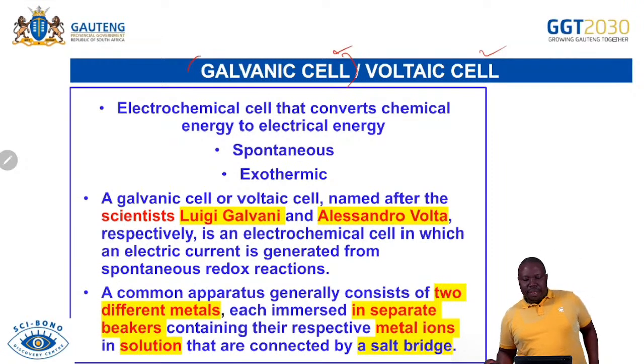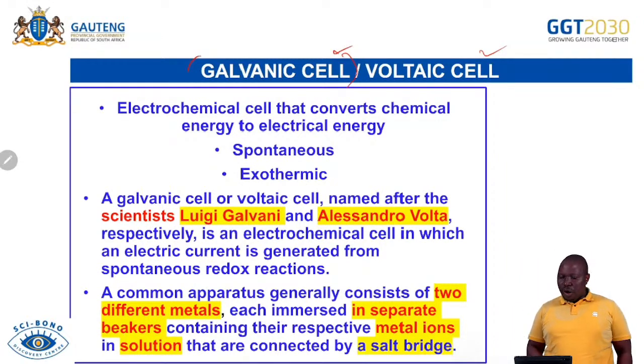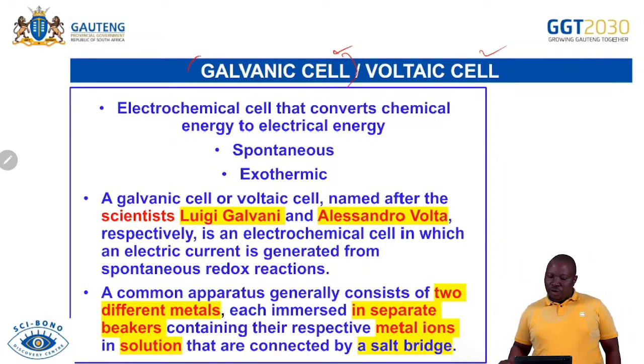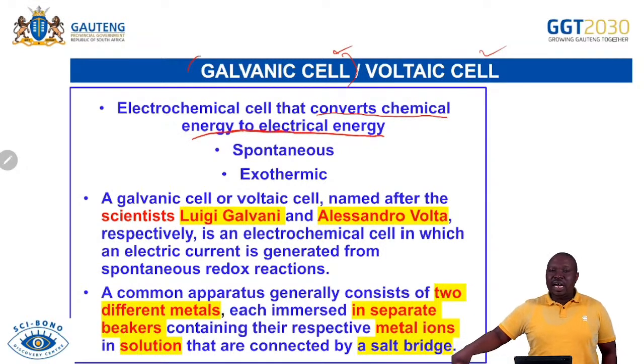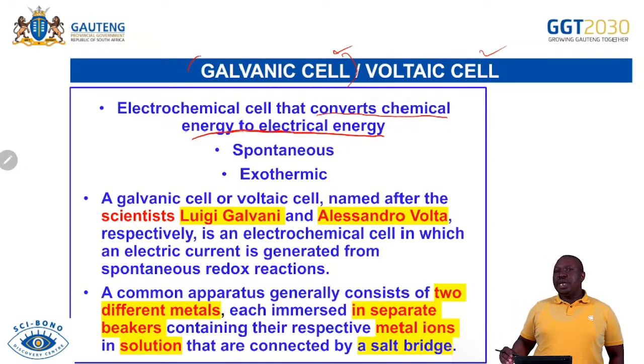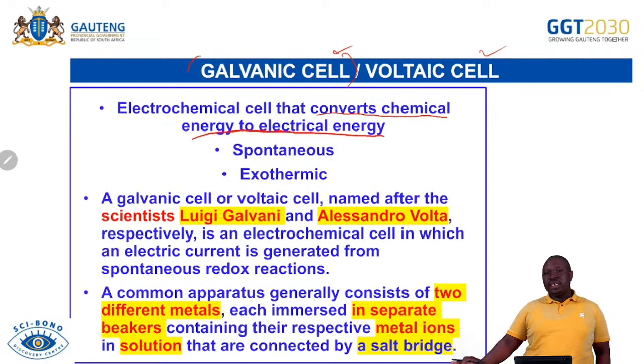So now here, when we deal with the galvanic cell, we're going to have energy conversion. We're going to have changes in energy. So you must know that this galvanic cell converts chemical energy to electrical energy. So when you are asked to define a galvanic cell, it will tell us about energy conversion, to say energy is converted from chemical energy to electrical energy.